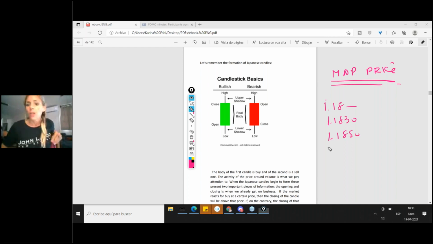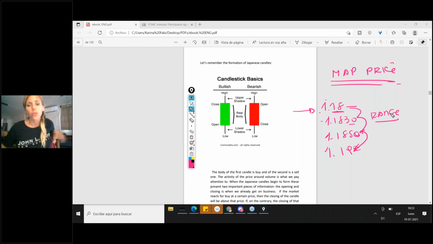What is going to give the exact strategy is the opening hours. If the market opens for buyers and you are here, you know what to do and what your targets are. Remember, the market is going to give you some of the market range, not all of it. So on one day, you might have 118 to 118.30. That's it. Next day, 118.30 to 118.50, possibly 119. That's it.